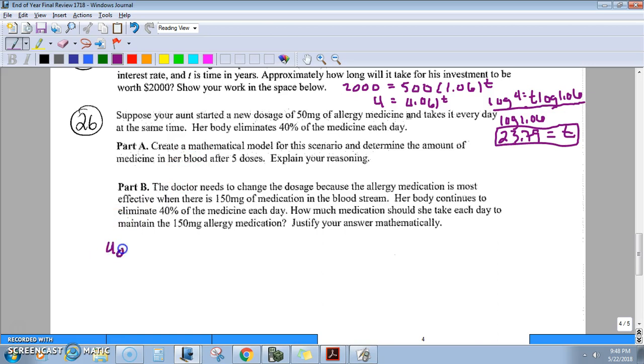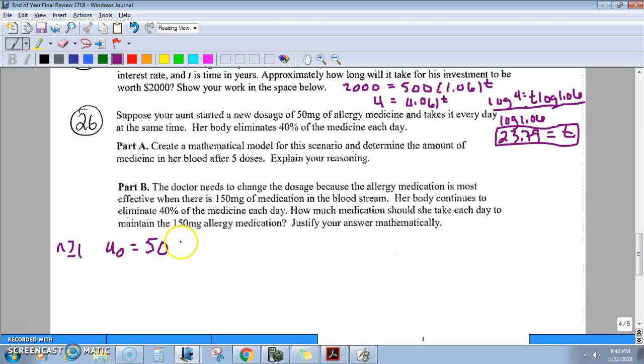So our starting amount, if I use u sub 0, where n is greater than or equal to 1, and we start off with 50 milligrams. So after she takes her first pill, right? Otherwise it'd be 0 and it would be weird.